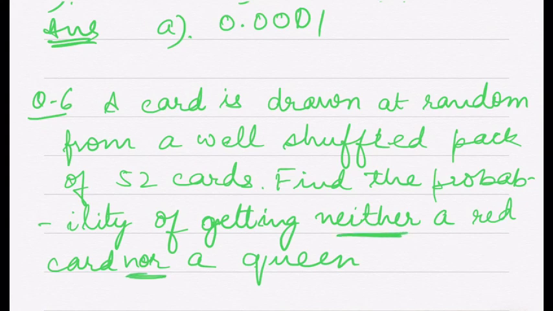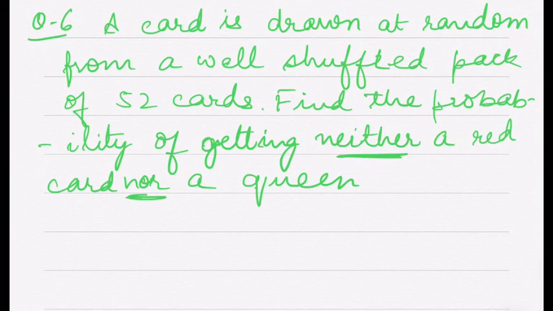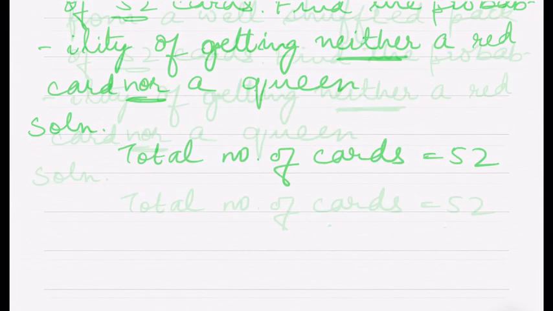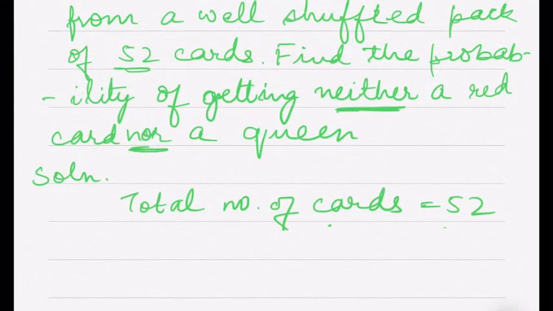Okay, so first we'll go to red cards. So in this question, how many red cards are there, right? So out of total number are 52. So I can write down in my solution that total number of cards. Now I don't want a red card, right?